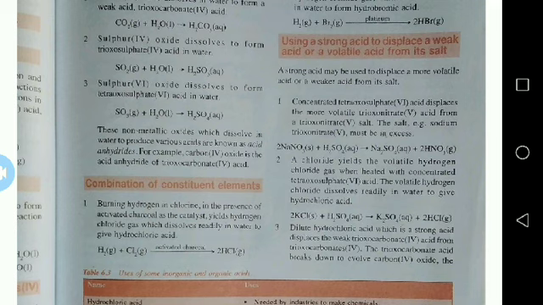Let's carry on. Now they say dilute hydrochloric acid, which is a strong acid, displaces the weak trioxocarbonate 4 acid from trioxocarbonate 4 salt.